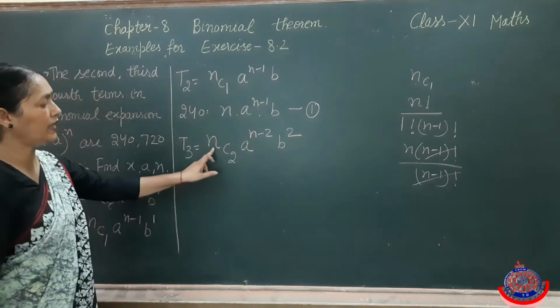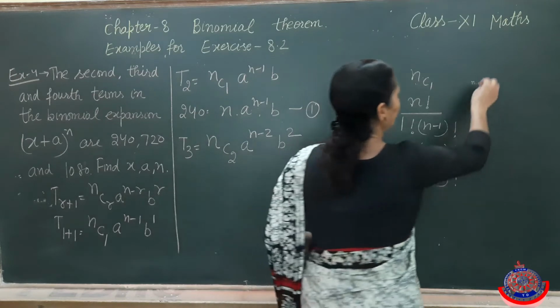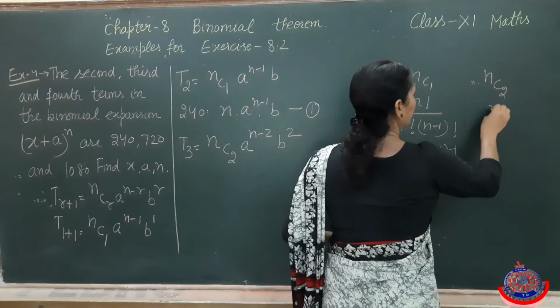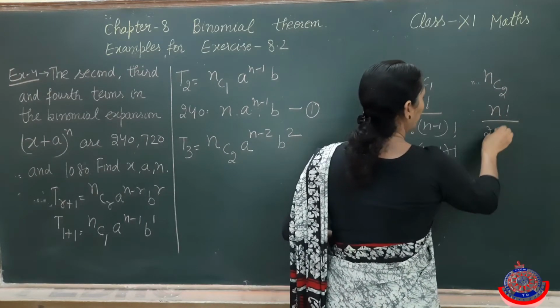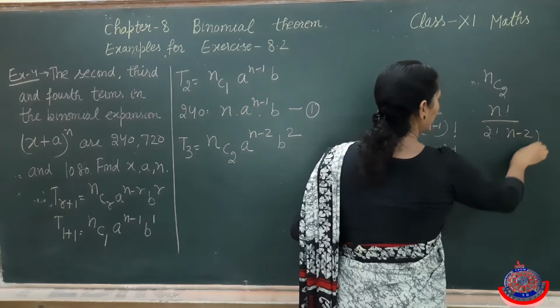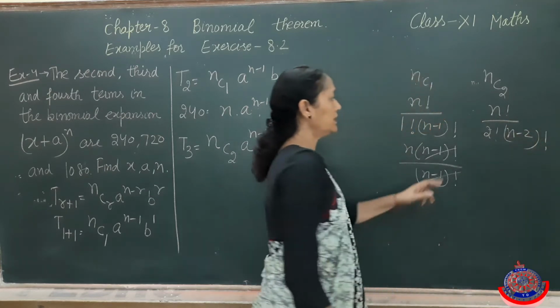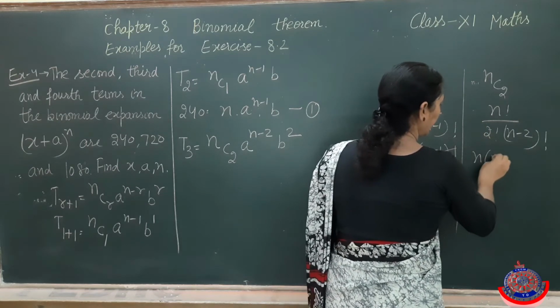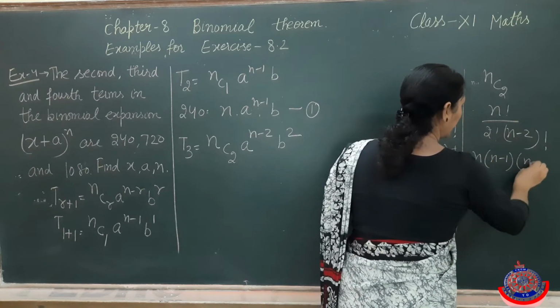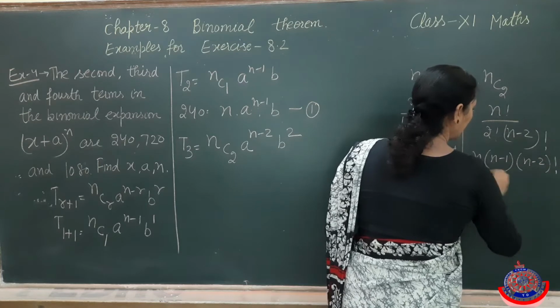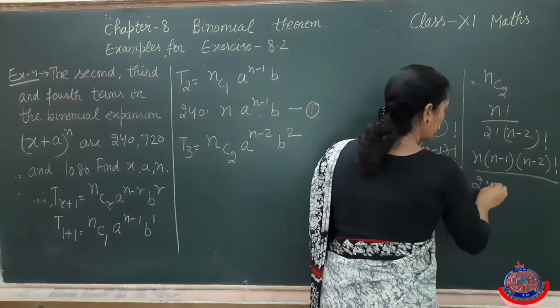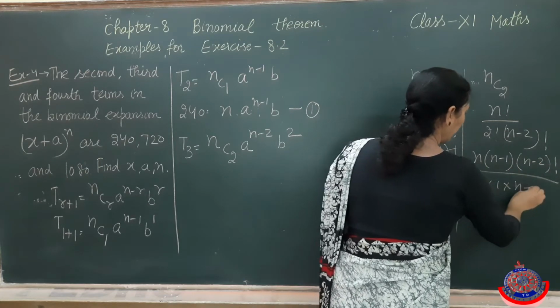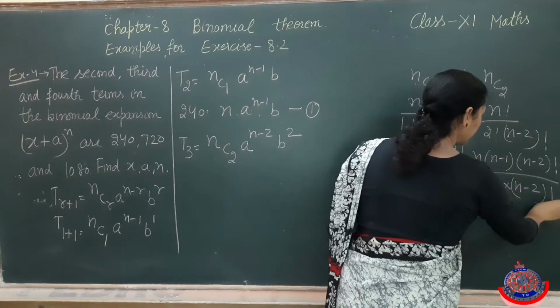Now if you open nC2, it means n factorial upon 2 factorial (n minus 2) factorial, which gives n into (n minus 1) into (n minus 2) factorial upon 2 into 1 into (n minus 2) factorial.